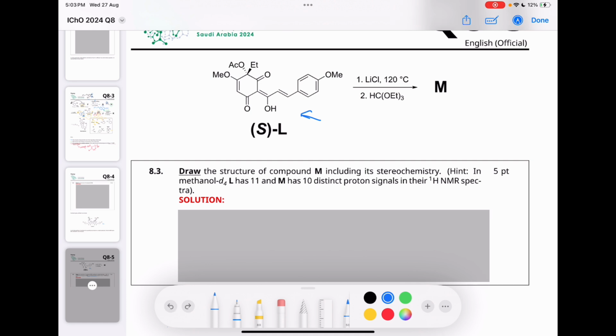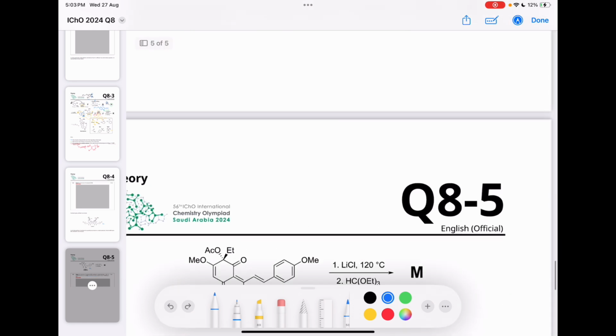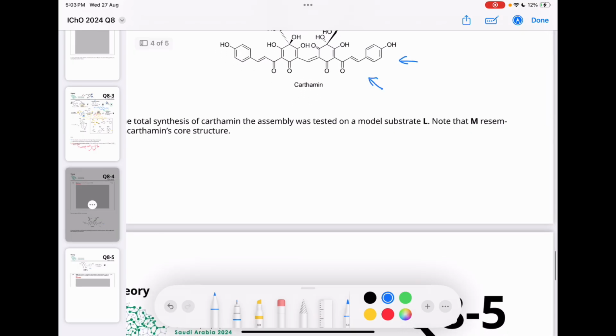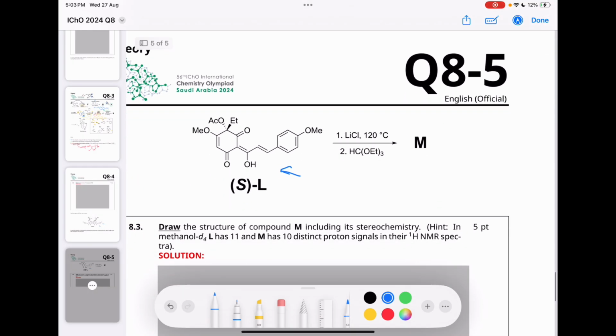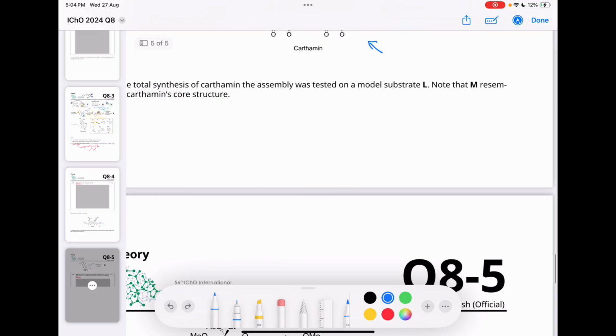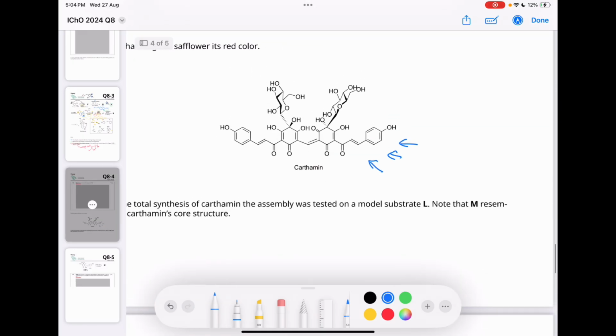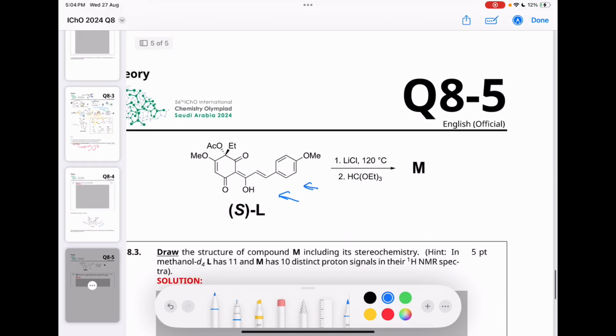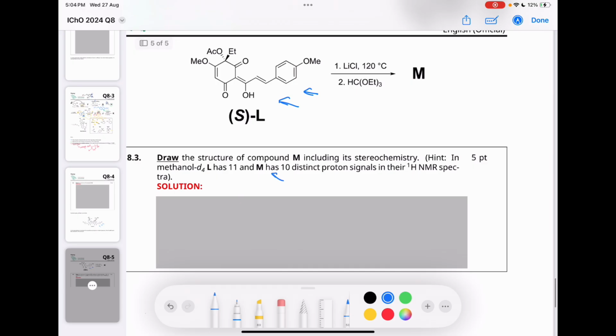That means although M is bigger than L, because it resembles this molecule, M has a certain degree of symmetry that allows it to have fewer proton signals than L. So M looks like this. M contains this, and M is symmetrical. So these are the three pieces of information we have about M.